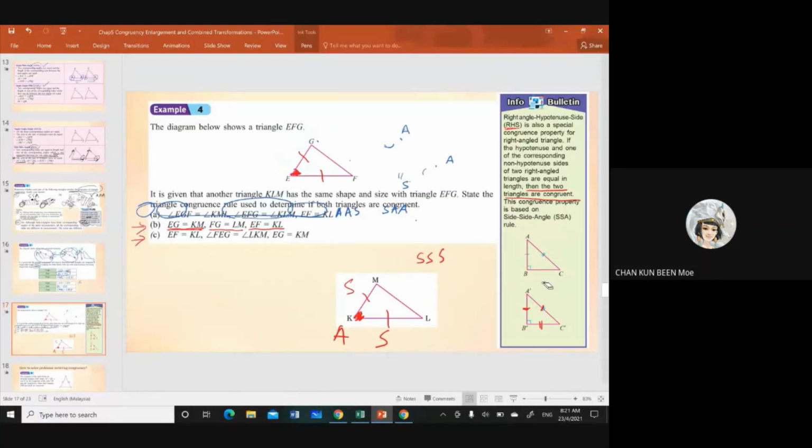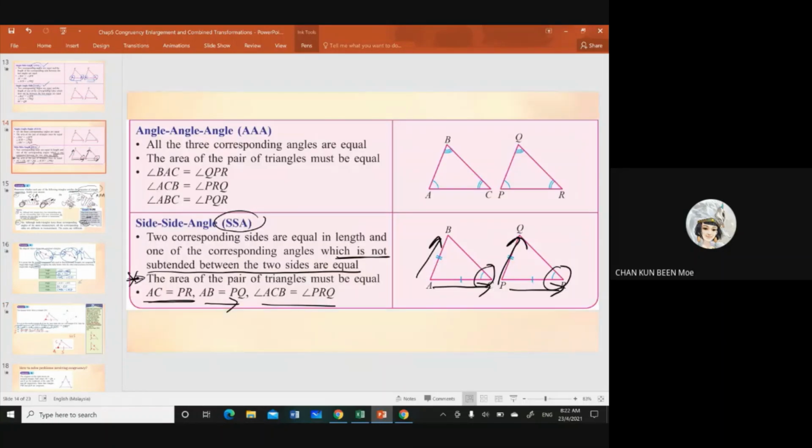If one of the sides and the other non-hypotenuse side with one angle, which means it is side, side, angle, or from the right, side, side, angle. So they are congruent based on the congruence property of side, side, angle. Are you okay with the side, side, angle? The side, side, angle has the most problems actually.